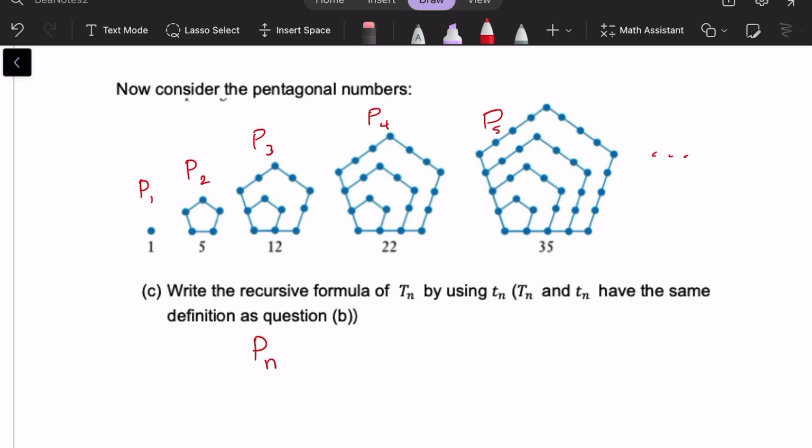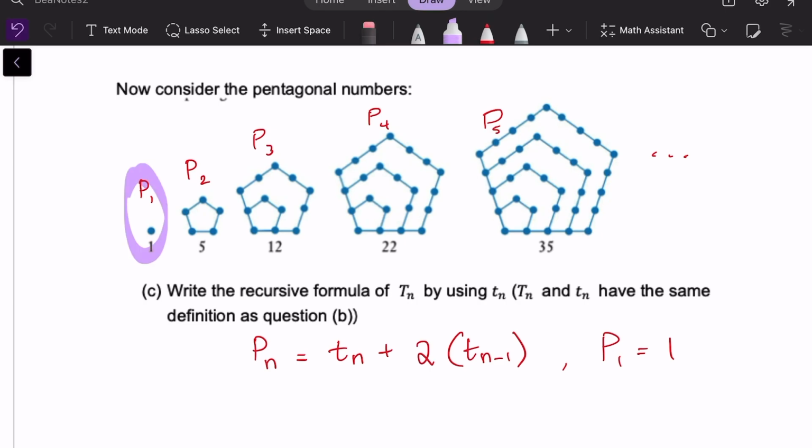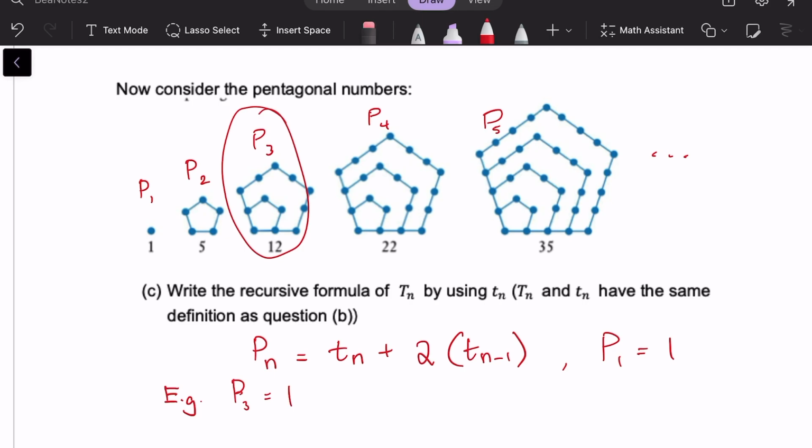So in general, Pn equals little tn plus 2tn minus 1. And to state the first term, P1 equals 1. I'm just going to test out this pattern. Let's take, for example, P3. P3 equals 12, right?